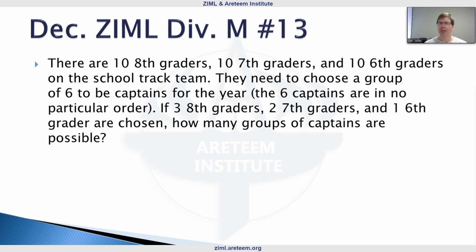So reading the question here, there are 10 8th graders, 10 7th graders, 10 6th graders. So 10 8th graders, and then we need a group of 6 captains, but we need 3 8th graders. So, right, 10 8th graders, we need 3 for captains.